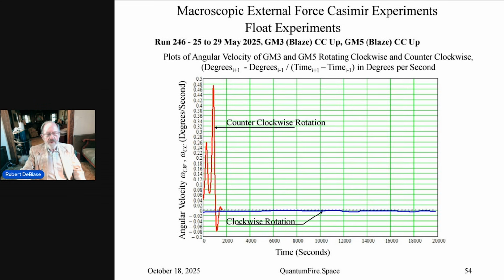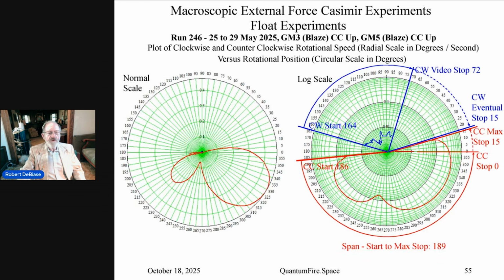All right. And see that there are two bumps here. I think let's go right to this. All right, so on the left one here, this is the normal scale, and you can't even see the clockwise rotation. All you can see is the counterclockwise, and so it goes around.